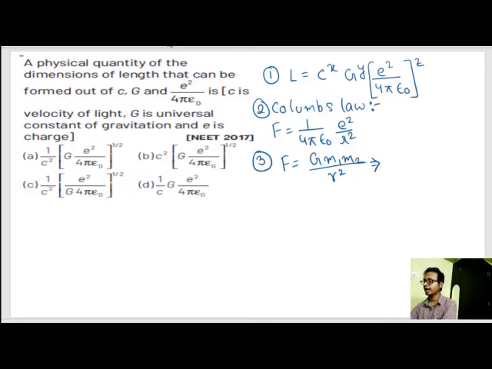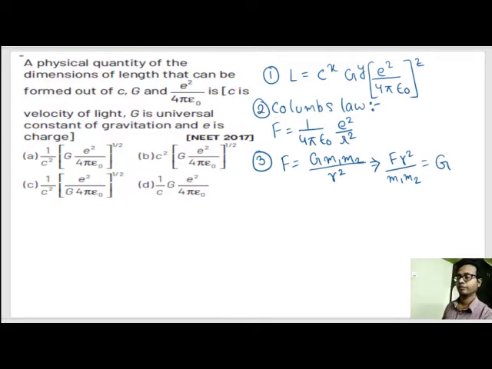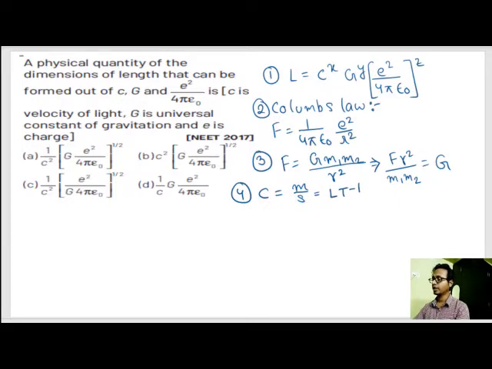We can take R square to the left hand side, so F R square by m1 m2 is equal to G. Just remember this. And point number 4, the last term, is c. c is nothing but the speed of light, which is 3 into 10 to the power 8 meter per second, or L T minus 1.